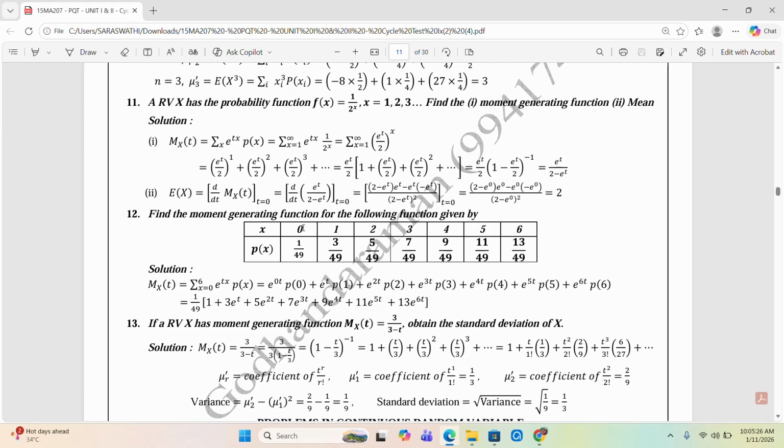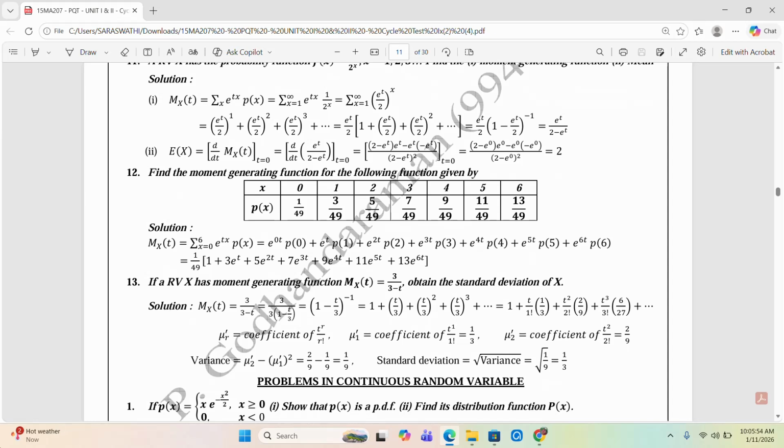If x is equal to 0, p of 0 is equal to 1 by 49. Plus e power t into p of 1, for p of 1 is equal to 3 by 49. Substitute all the values. If anything is common, we can take it. Here 1 by 49 is common for all p of x, so take the constant 1 by 49 and expand. We cannot simplify this further, so this is the final answer.